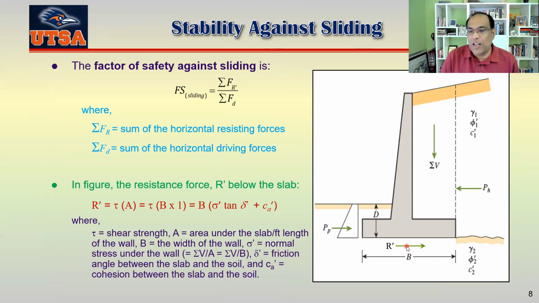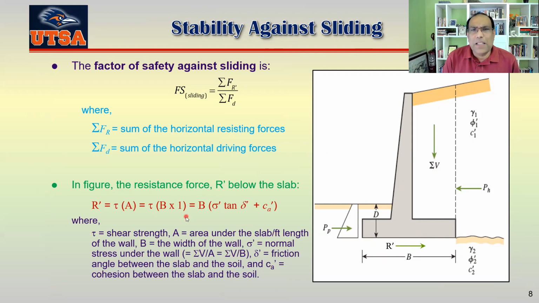Now, what is R here? R is the interaction between the soil and the bottom of the wall here. Now you can see here the resistance force R, which is basically tau multiplied by A.